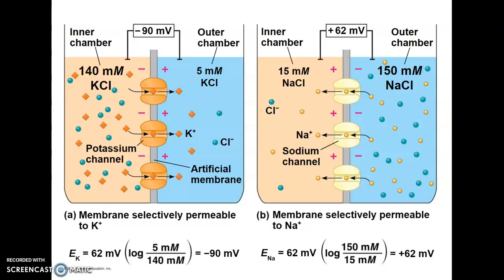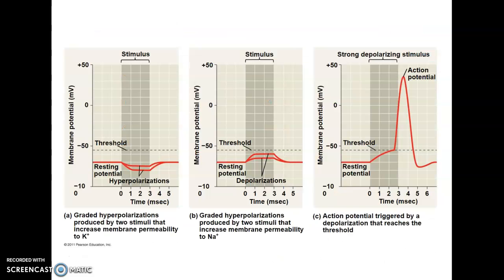So depending on what channel it is, what ion is flowing through it, because these channels can be very selective, you're either going to have a depolarization or a hyperpolarization as a result of the neurotransmitter binding to the ion channel. So we call these hyperpolarizations IPSPs, or inhibitory postsynaptic potentials.